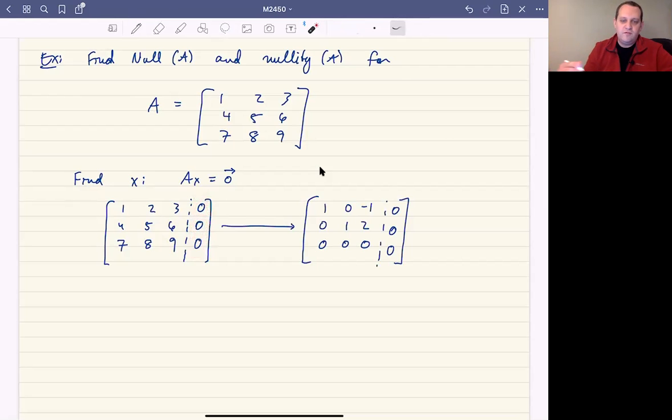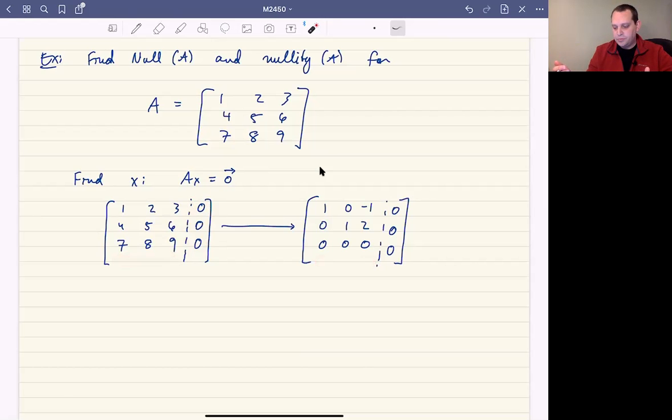Any term here times another number is going to be 0, right? There's nothing that you can do to make these not 0. So if you find the reduced row echelon form of the matrix, you can just put that in there. That's why working with the reduced row echelon form of a matrix to begin with is permissible.